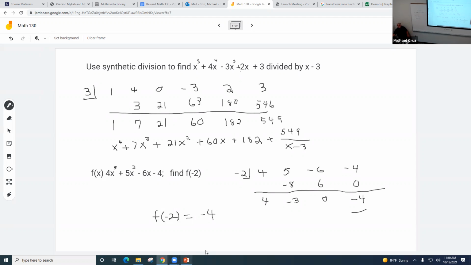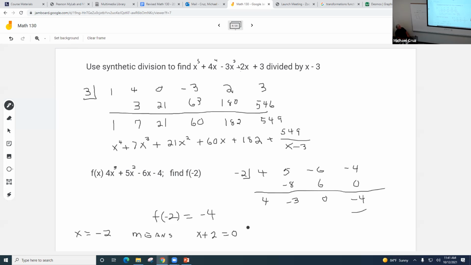I'll just go ahead and do it down here. x is equal to -2 means the same thing as, by adding 2 to both sides, x plus 2 is equal to 0.